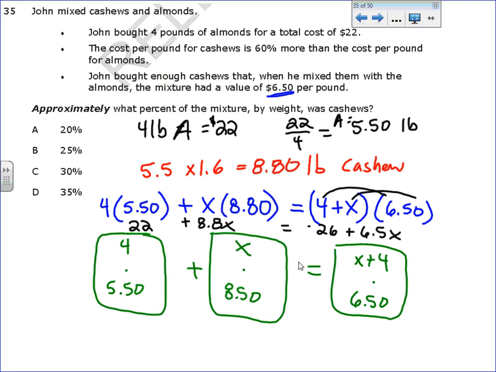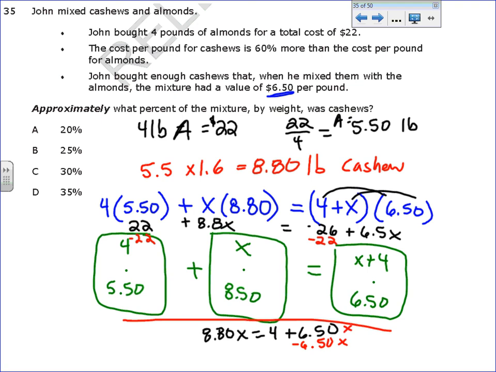From there, I just solved, so I was trying to get x by itself. I'm going to run out of room here, so minus 22 from both sides. What I did, I'll do the rest of it down here. That means I had 8.80x equals 4 plus 6.50x. Then I subtracted 6.50x from both sides.